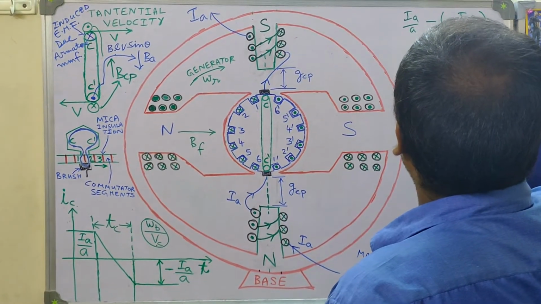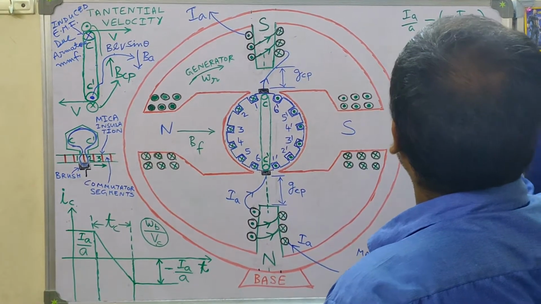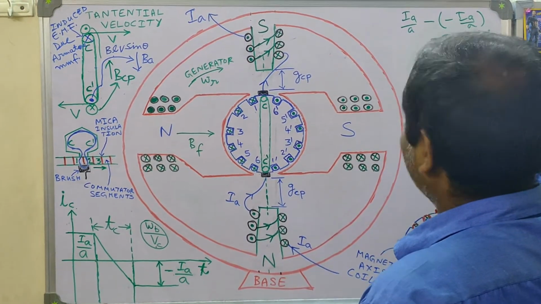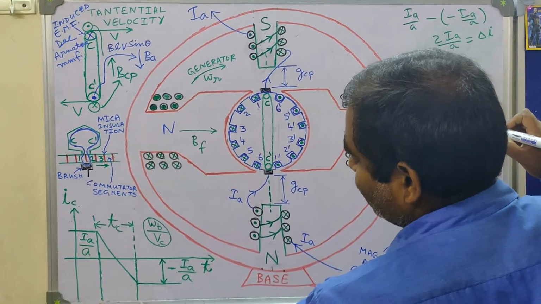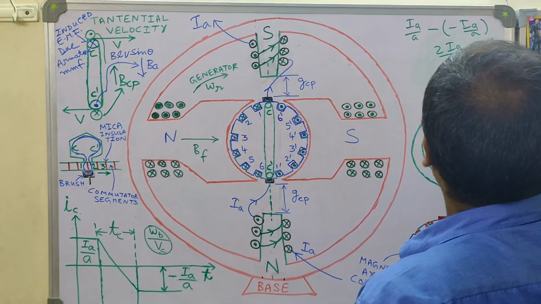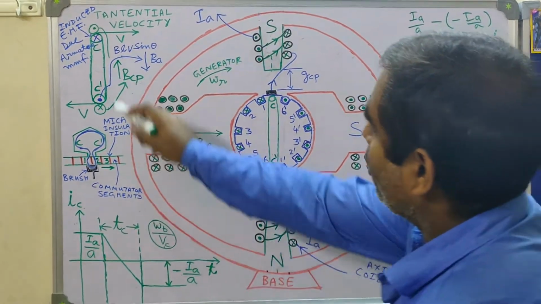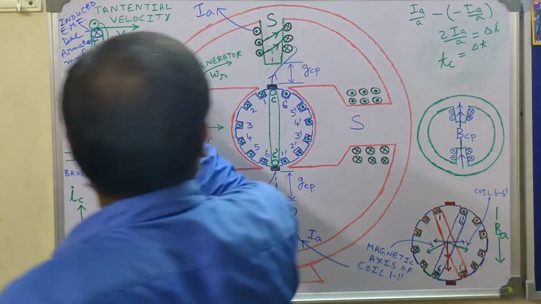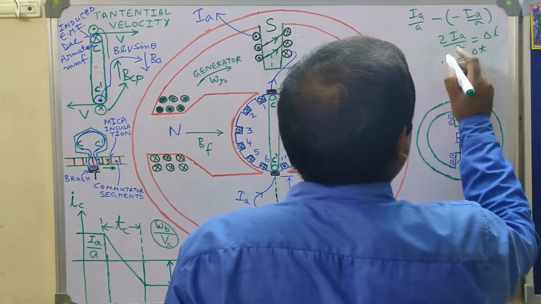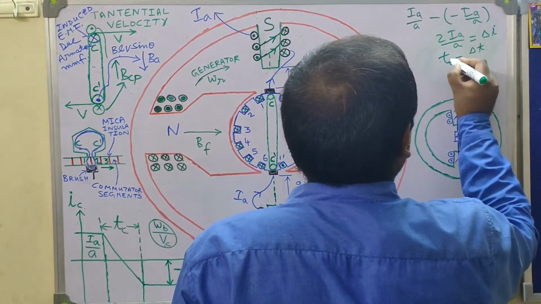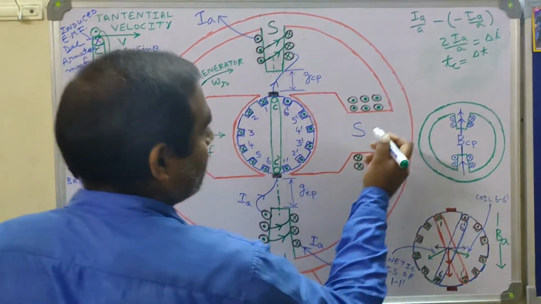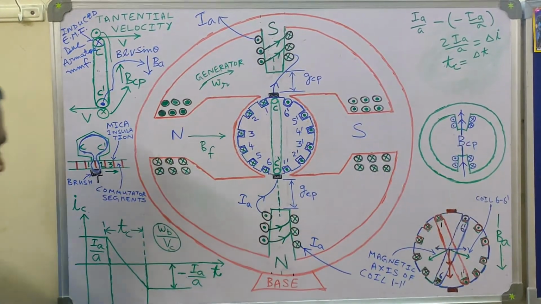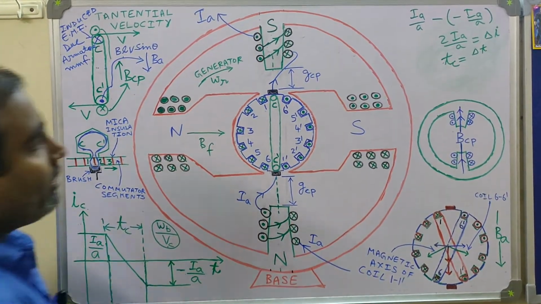How much time is needed for the coil current to get reversed? The commutation time TC. So this is delta T. And this commutated coil has some inductance. What is LC? LC is nothing but the inductance of the commutated coil. So how much EMF will be induced in the commutated coil?